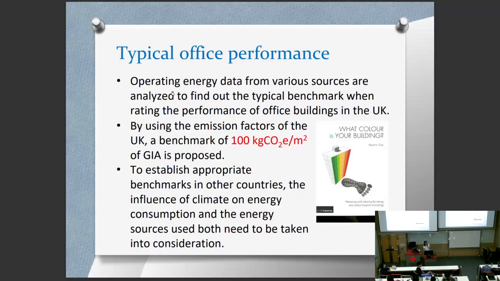So operating energy data from various sources are analyzed to find out the typical benchmark for the rating performance of office buildings in the UK. By using the emissions factor of the UK, a benchmark of 100 kg carbon dioxide equivalent per square meter of gross internal floor area is proposed by the author of this book.